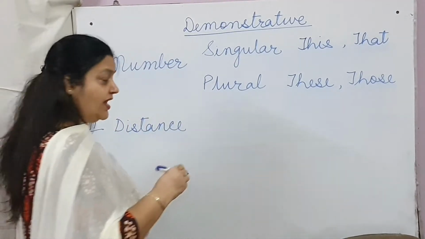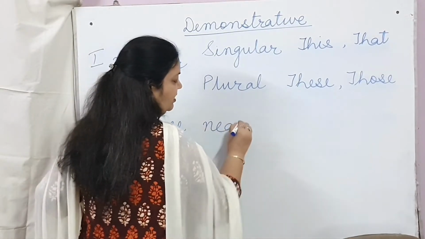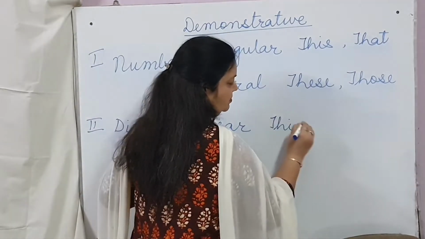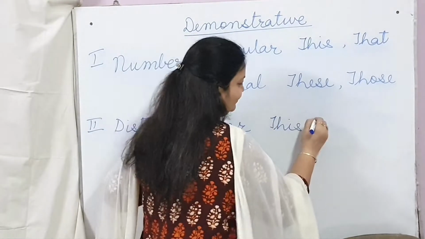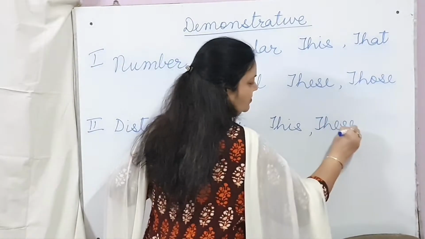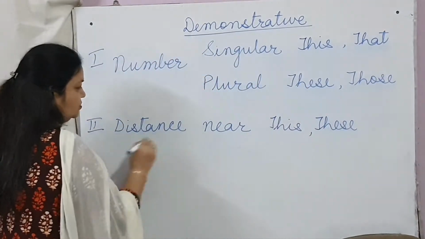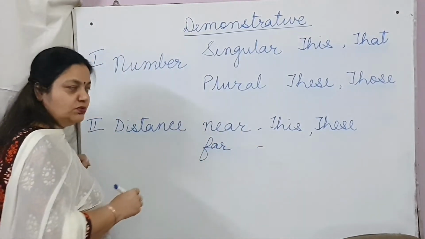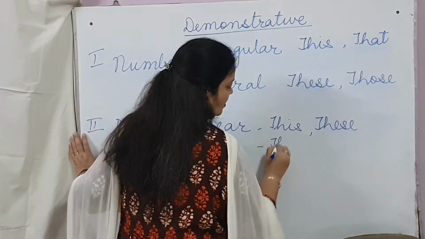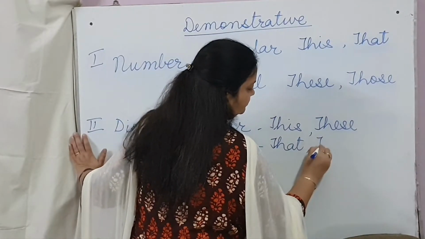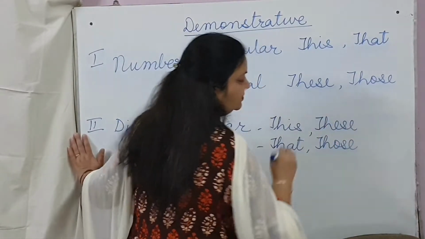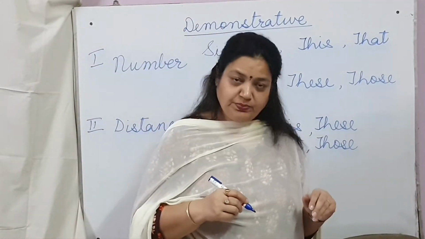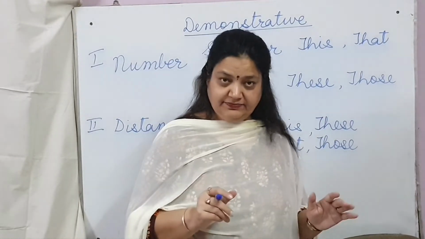For distance, when I am talking about things near me, I use this or these. Or for the words which are far away from me, I use that or those. I hope now it is quite clear.